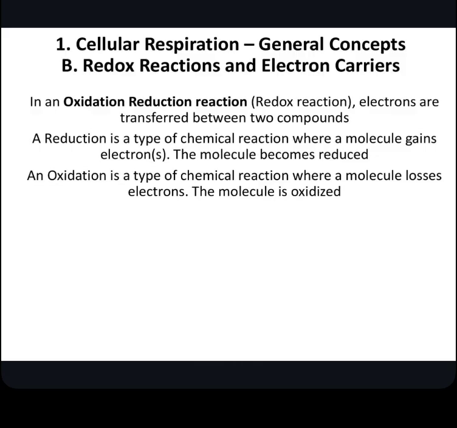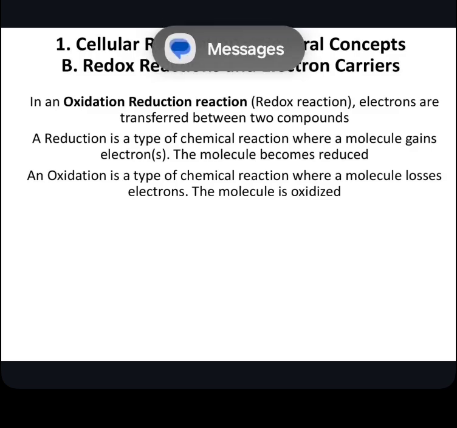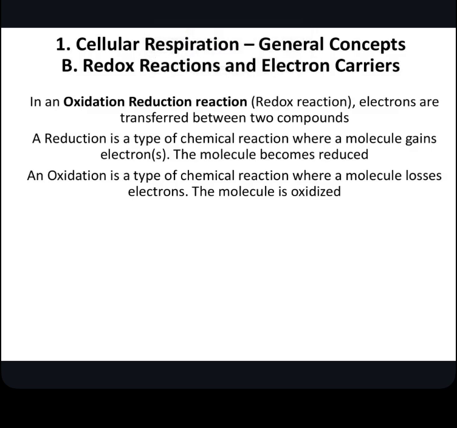So we usually talk about an oxidation-reduction reaction, commonly known as a redox reaction. Electrons are removed from a molecule, which becomes oxidized, and electrons are added to a molecule, which becomes reduced. Electrons move from one molecule to another.